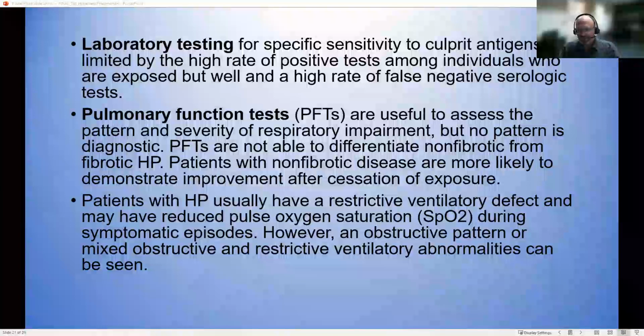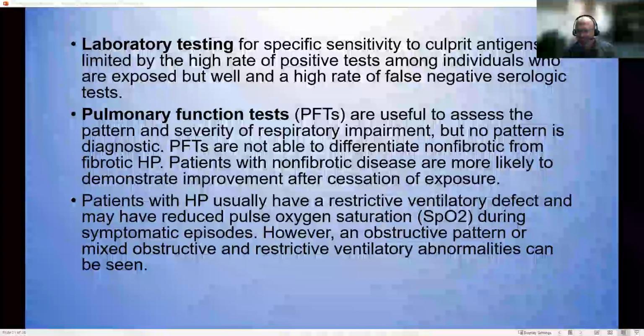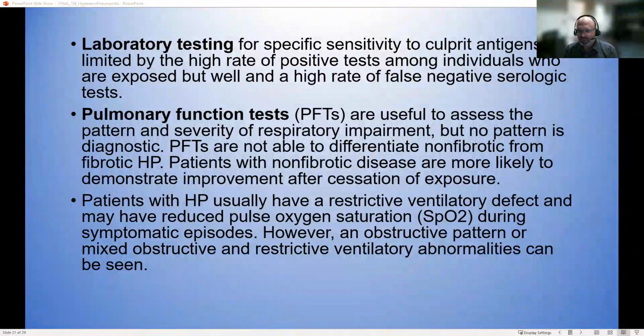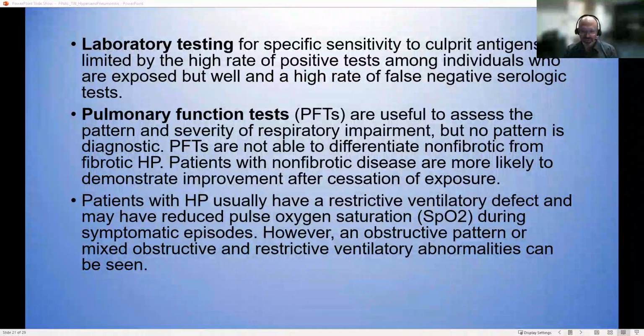Lab testing, the short answer is it's not very helpful. Lab testing for specific sensitivity to culprit antigens is limited by the high rate of positive tests among individuals who have been exposed to this antigen and have no symptoms, and a high rate of false negative serologic tests.